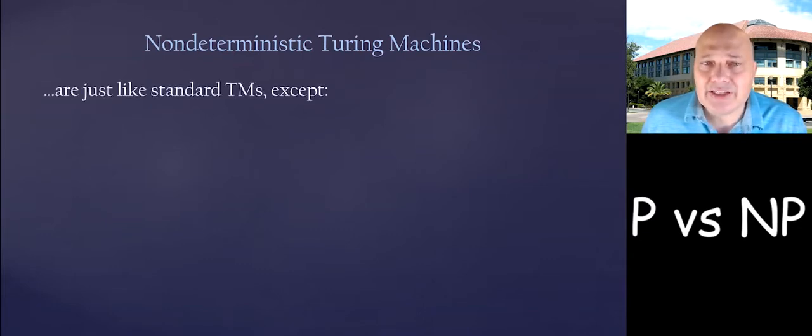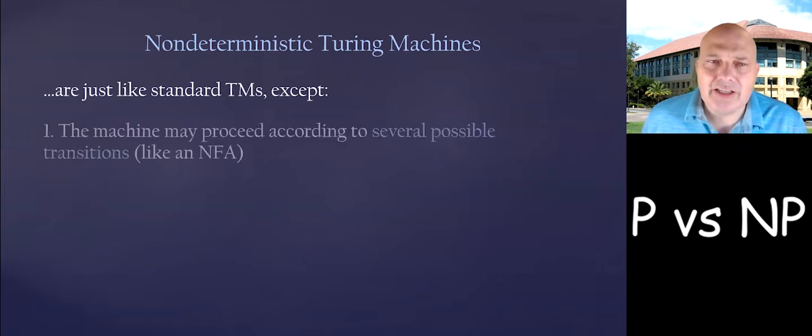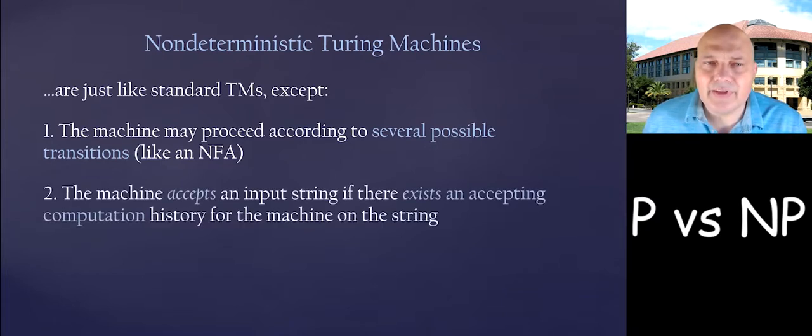So these are just like standard Turing machines, except the machine can proceed according to several possible transitions or no transition at all, just like an NFA. The machine accepts an input string if there exists an accepting computation history for the machine on the string.